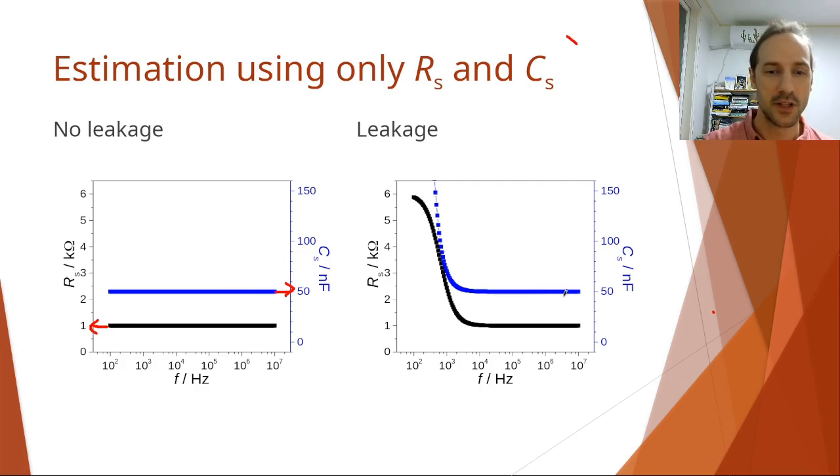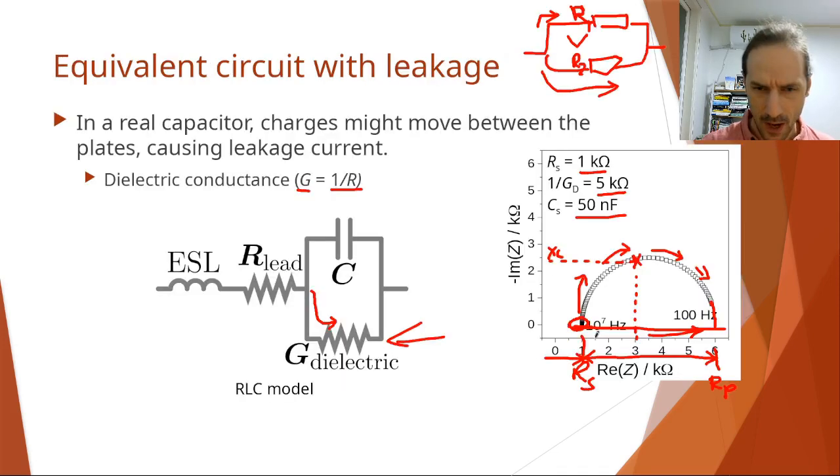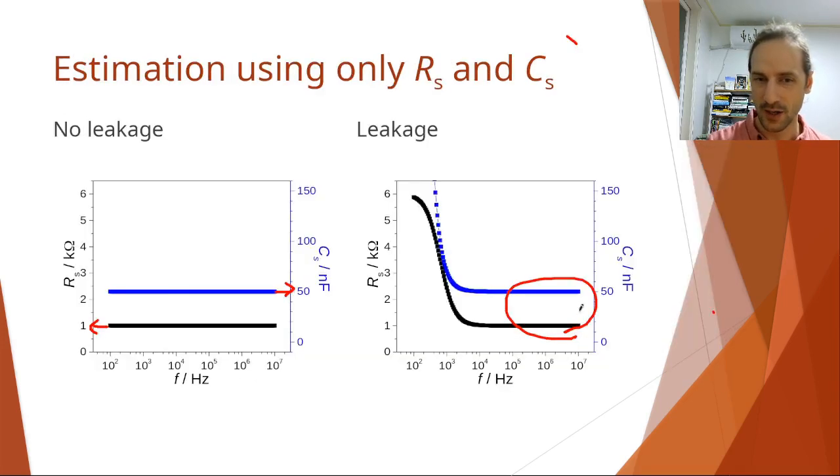On the other hand, when there is leakage, we have the straight lines at the high frequency, because in the high frequency part here, we can see it's just going up, and it starts to deviate a little to the right. At that frequency, the measured series capacitance will start to go up, and the measured series resistance will go up. And when we get this, some people will just say that, oh, the capacitance is unstable at low frequencies. That is not true.